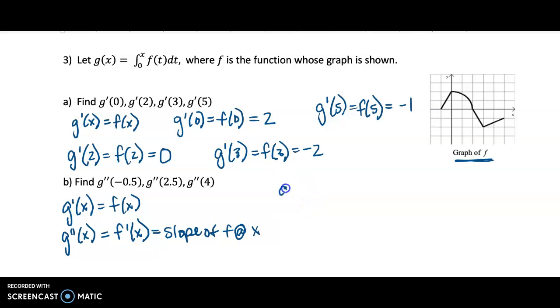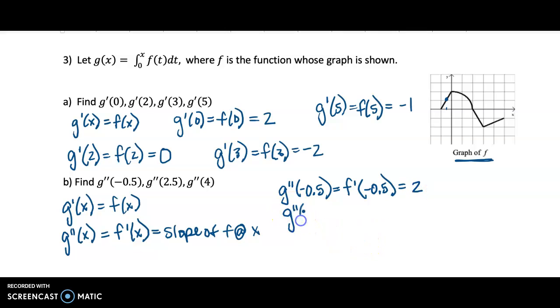So if we're doing g double prime of -0.5, that's going to equal f prime of -0.5. So go to -1/2 here. What is the slope of this line? Well, it is up 2 and over 1, so the answer is 2.